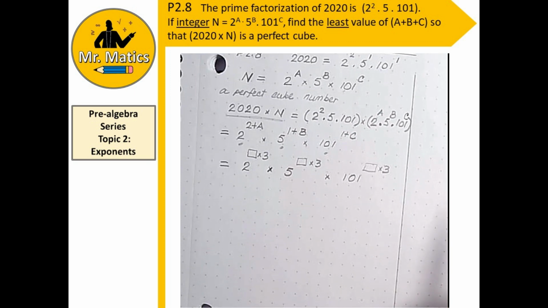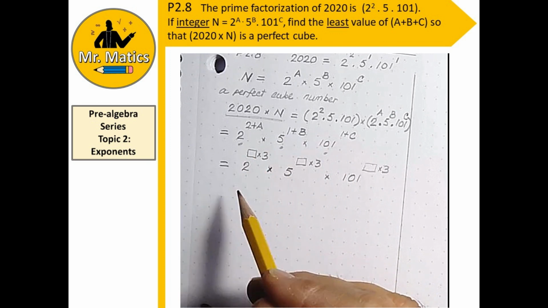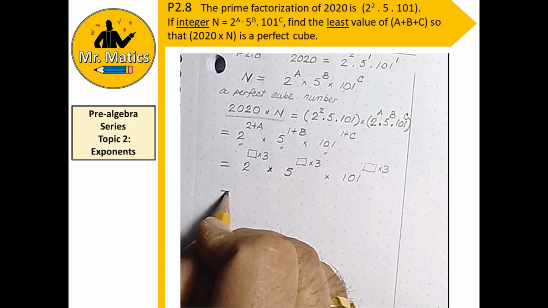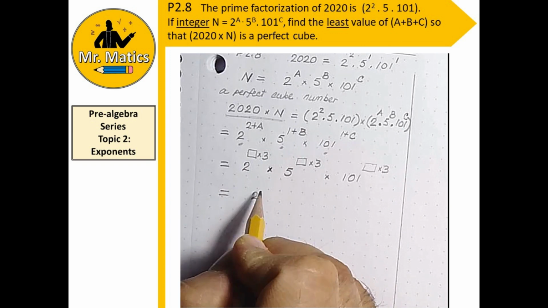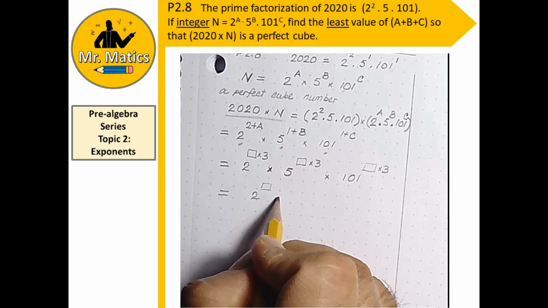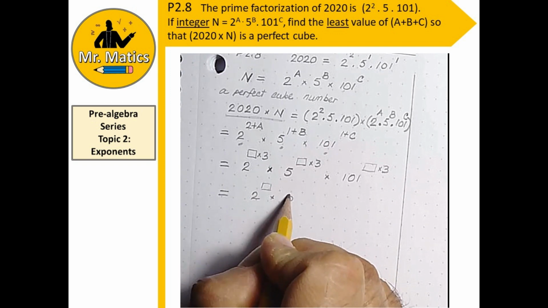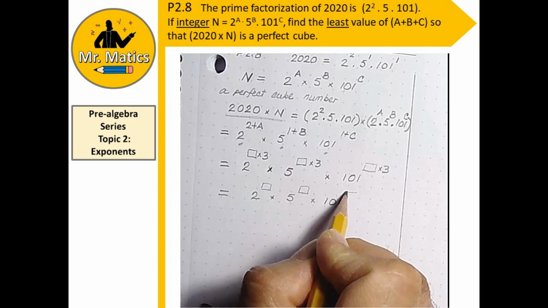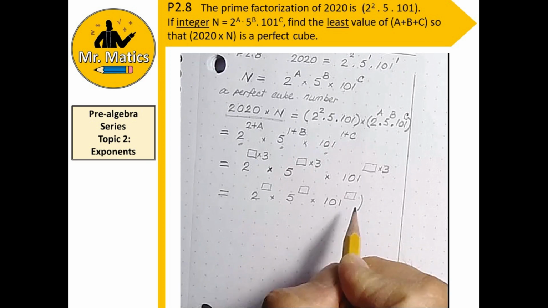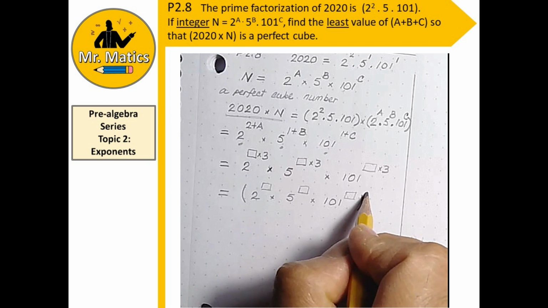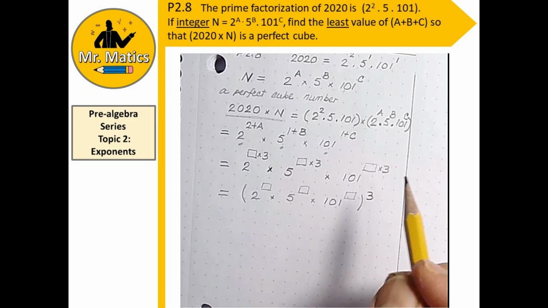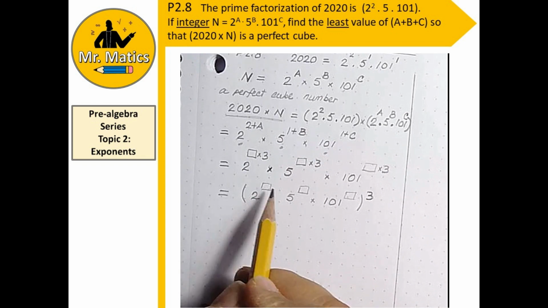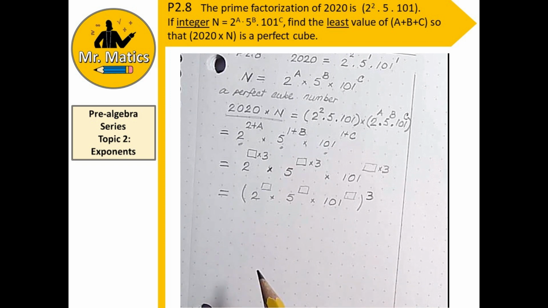So that's the intention, so that the whole thing is a cube number. So that will make it a perfect cube. Now these parts are empty parts. They're unknown so far, so I don't really know what those are.